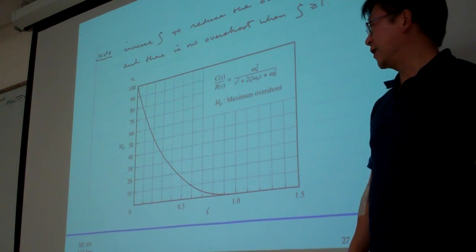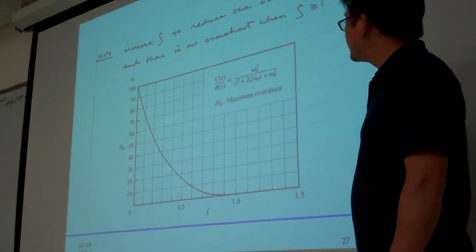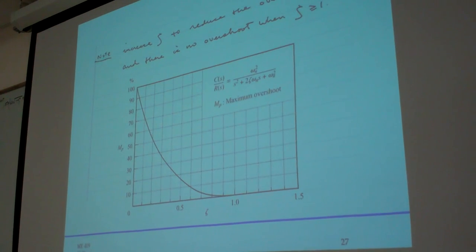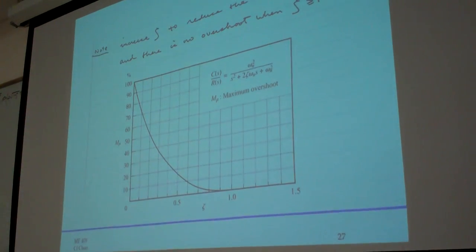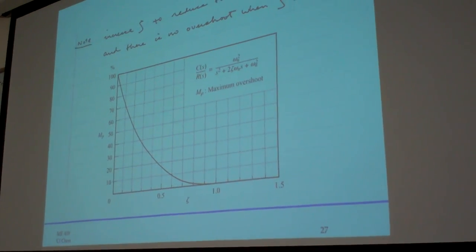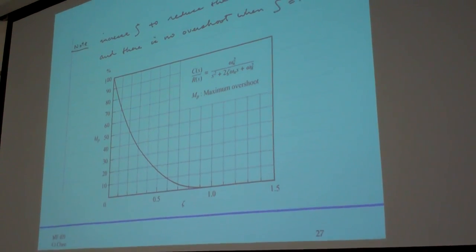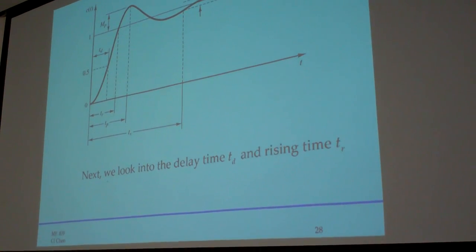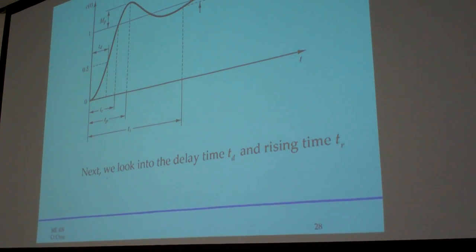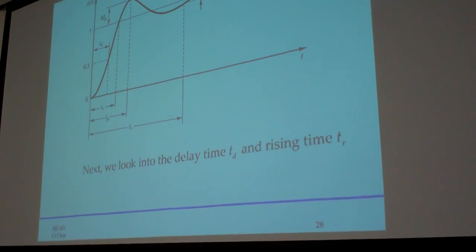Okay. So again, this curve corresponds to that kind of system in particular. And next one, again, we want to look up the TD and TP.